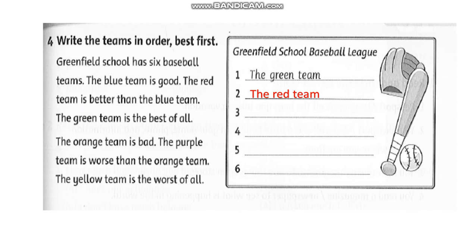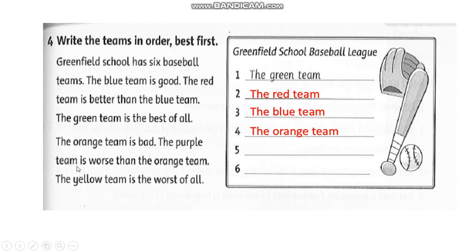So the blue team is good. Blue team is third. And we have 3 teams that are bad. So look at this. The orange team is bad. So the orange team is fourth.